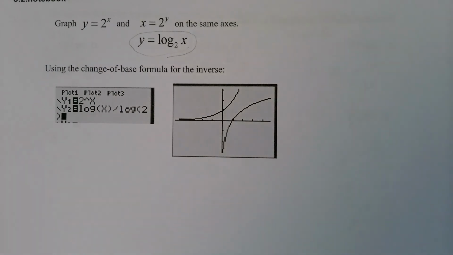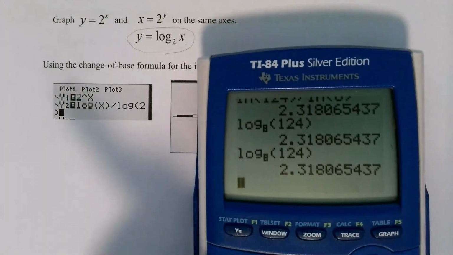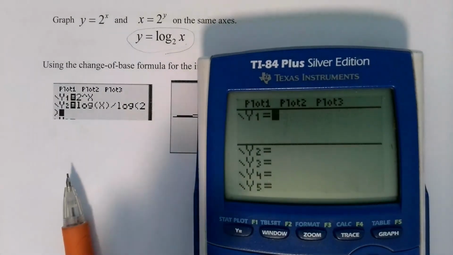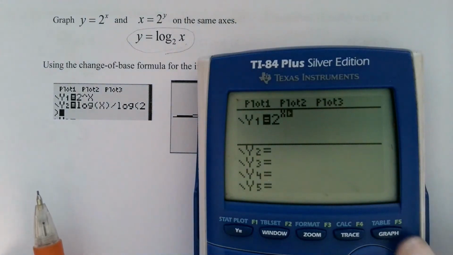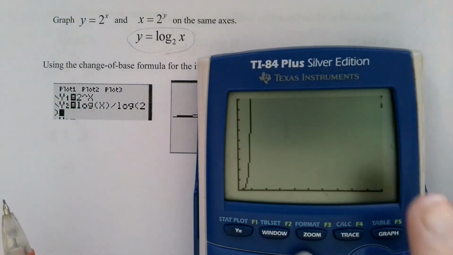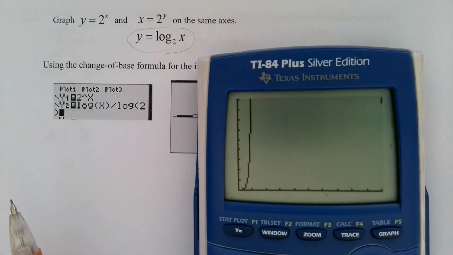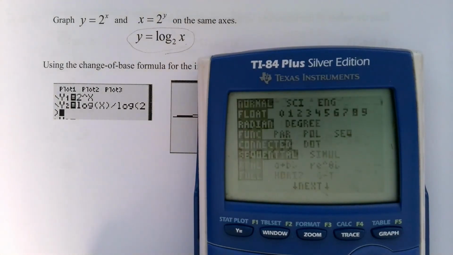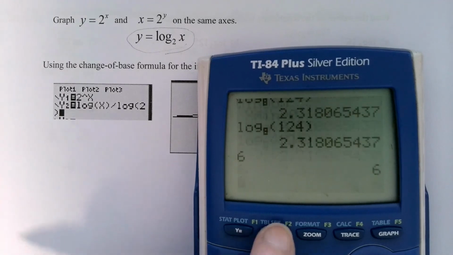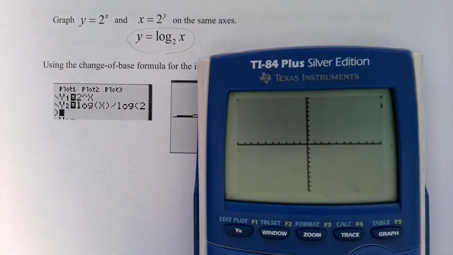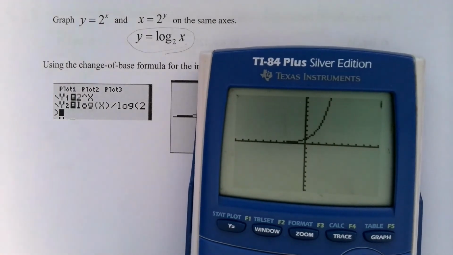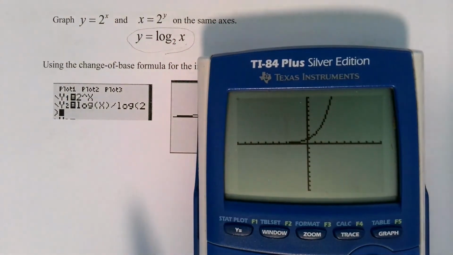And we're very familiar with the graph of y equals 2 to the x power. Let me get my standard window back. Zoom 6. I pushed the wrong button there. There is my 2 to the x power.